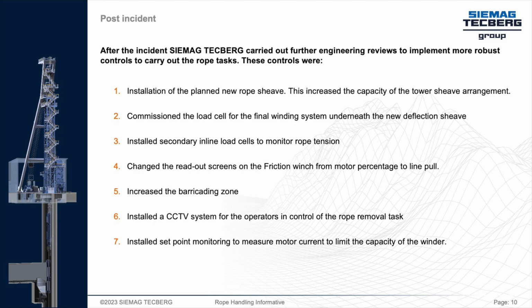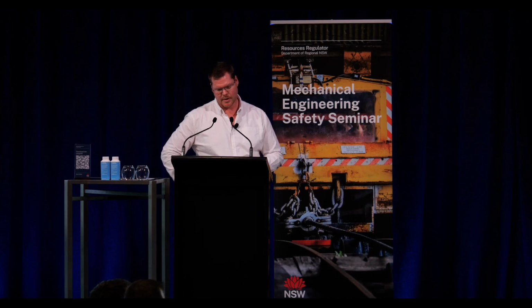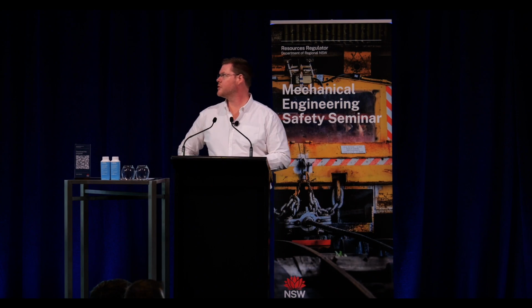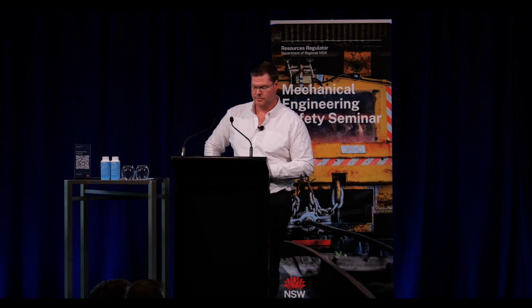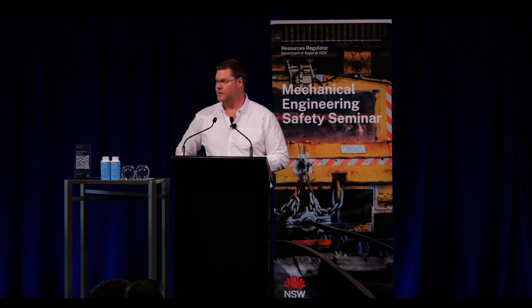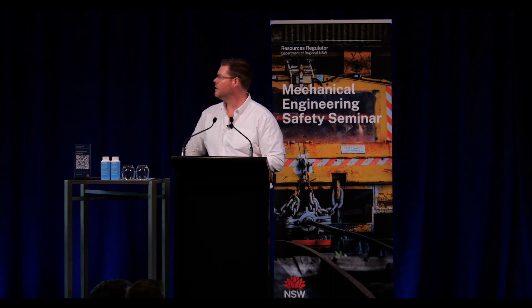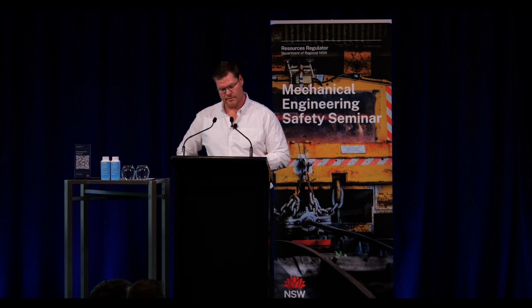Now, obviously, on the day we got it wrong, and so post-incident, we did our own internal reviews, and we installed the new rope sheave that was planned to happen later on, which gave us the extra capacity in that tower and gave us live monitoring underneath that sheave.